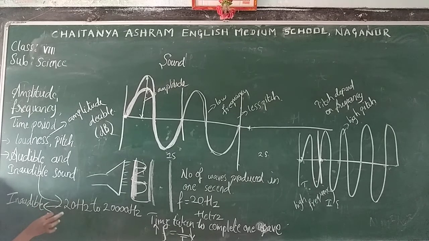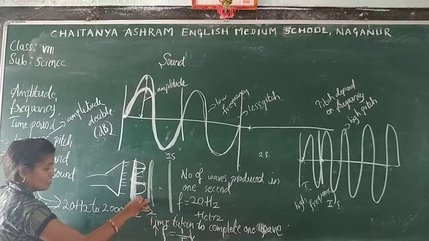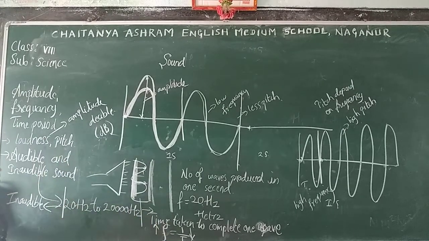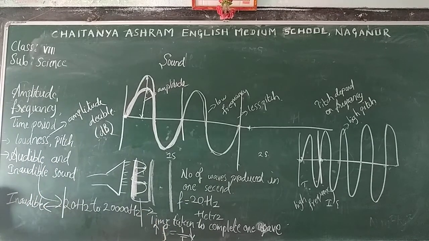So what is the inaudible frequency range? We cannot hear sound of frequency below 20 Hz, and above 20,000 Hz. That we call inaudible sound.